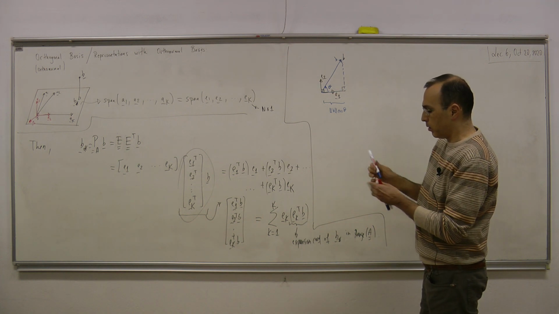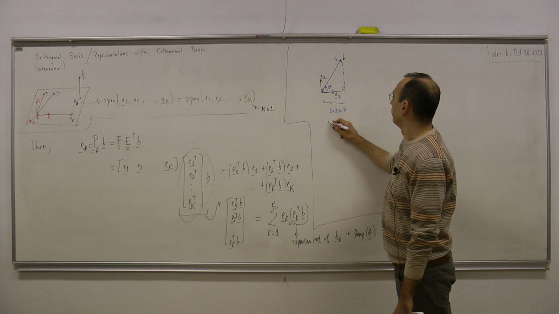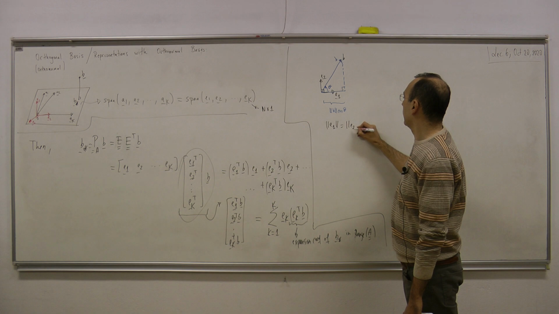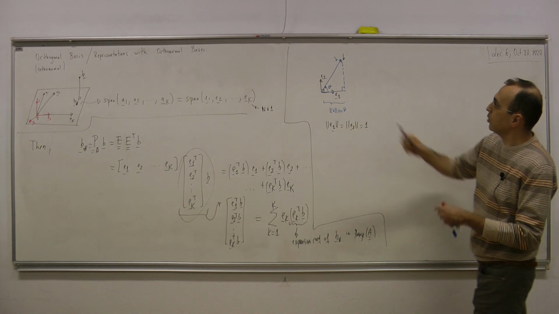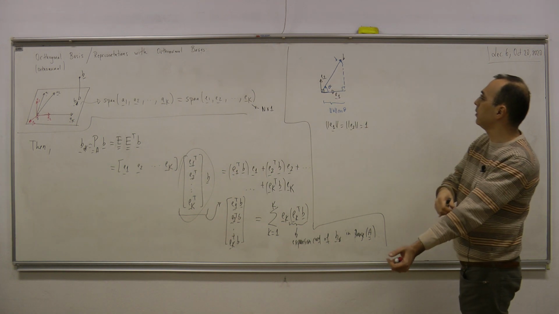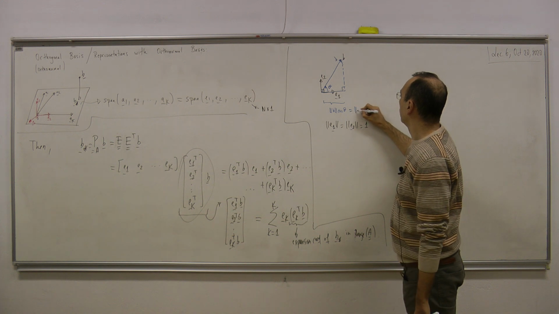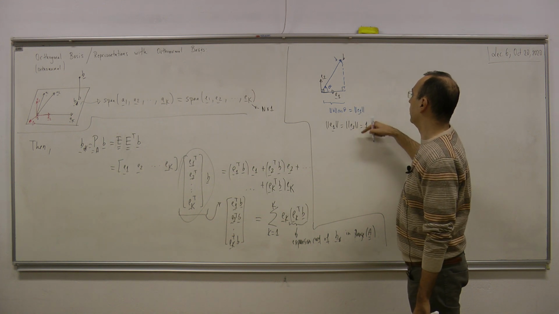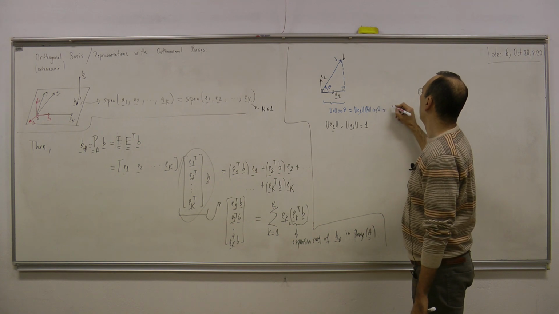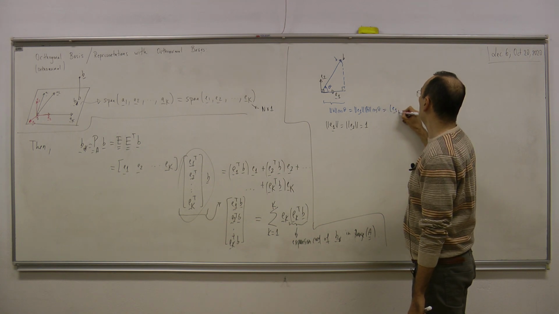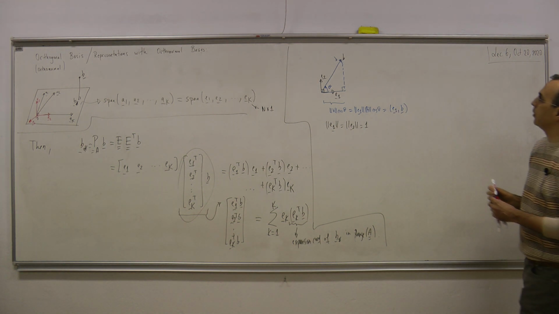Now E1 and E2 are unit norm, in other words orthonormal, as you see over here. So this is equal to B cosine theta, which is nothing but the inner product of E1 and B.